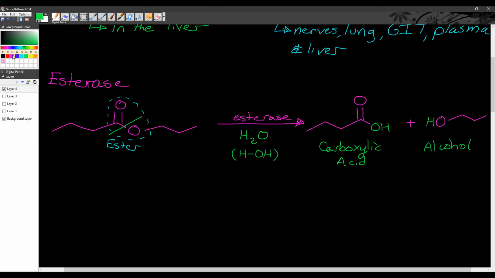Things to know about esterases is that it is a very fast reaction. Incredibly fast. In fact, I think it is the fastest metabolic reaction of them all.